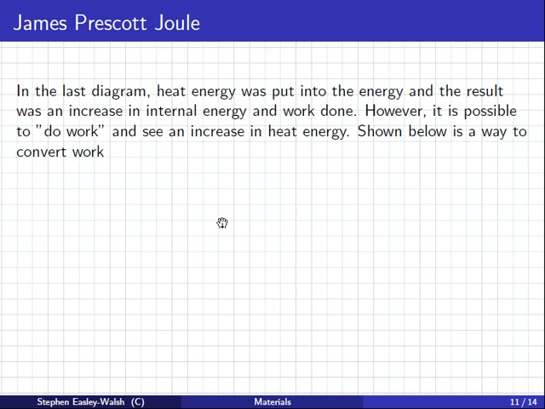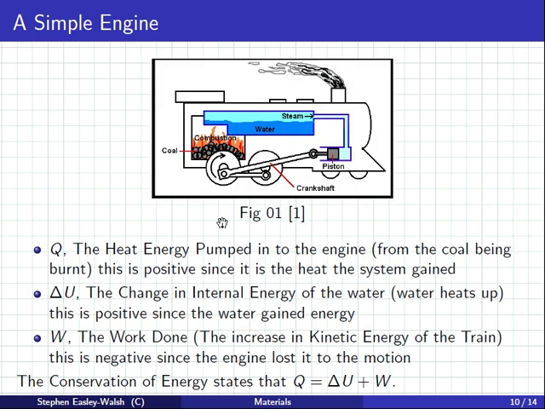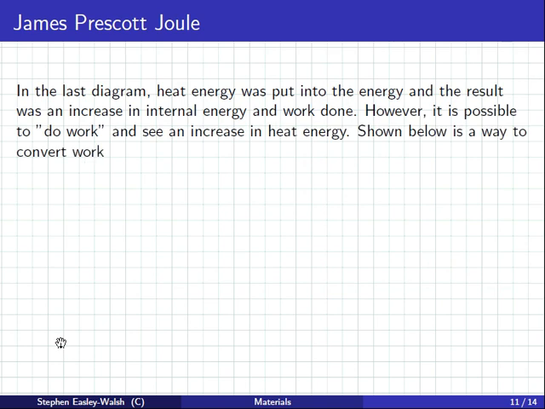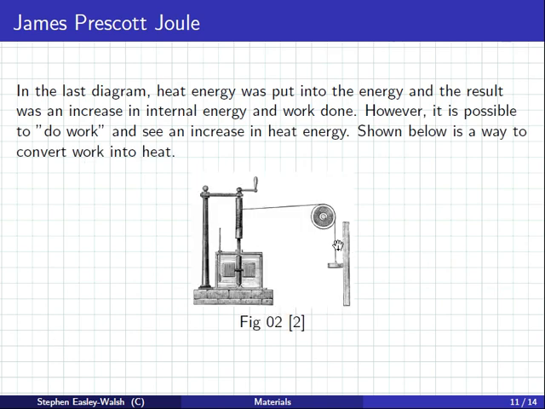It's the opposite of what happens in this slide, where the heat gets used to produce work, to make the train move. This picture is the opposite: the work gets used to make heat. You can actually go both directions.